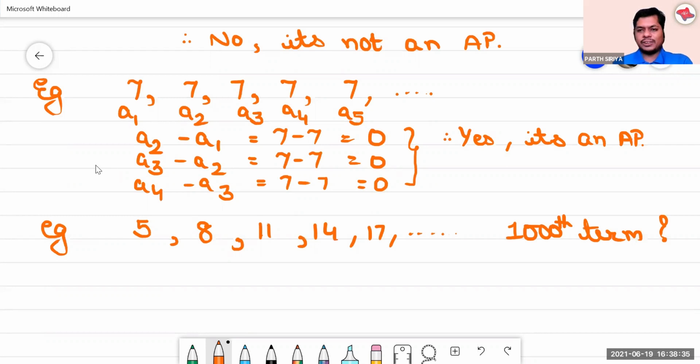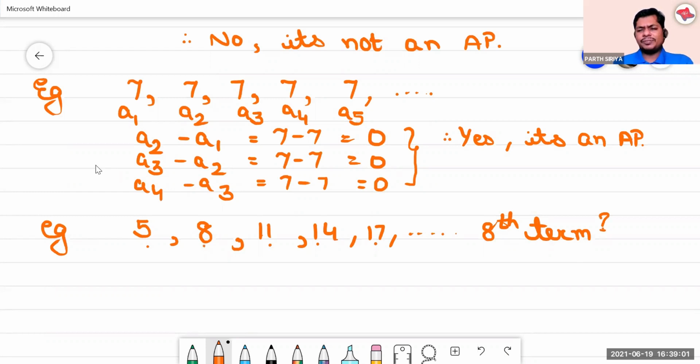चलो, let's not go for 1000. I'll make it simple. If somebody asks you, what will be the 8th term of the AP? This is first, second, third, fourth, fifth. 8th term कौन सा होगा? Think about it.